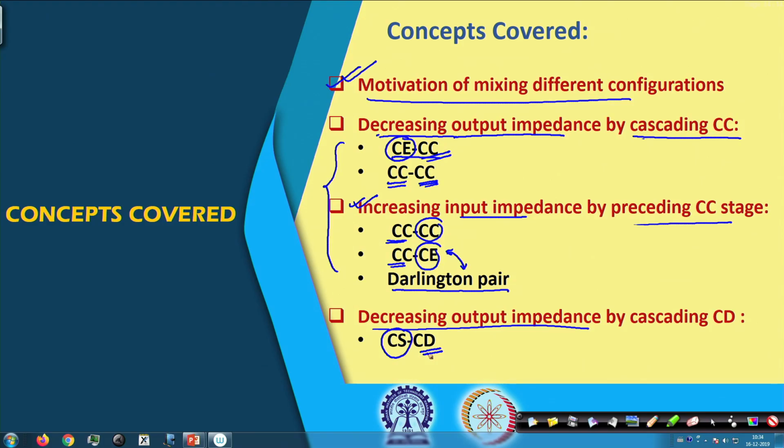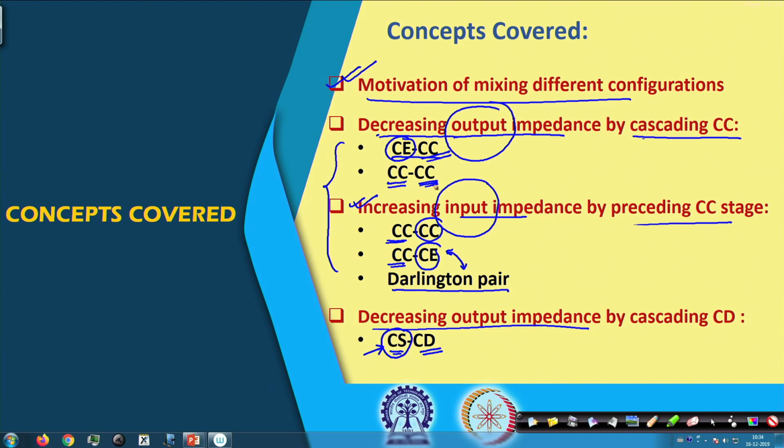Note that since the gate impedance of the common source amplifier is very high, we need not precede it with a common drain configuration. This means that in BJT we have scope to improve both the output impedance and the input impedance.